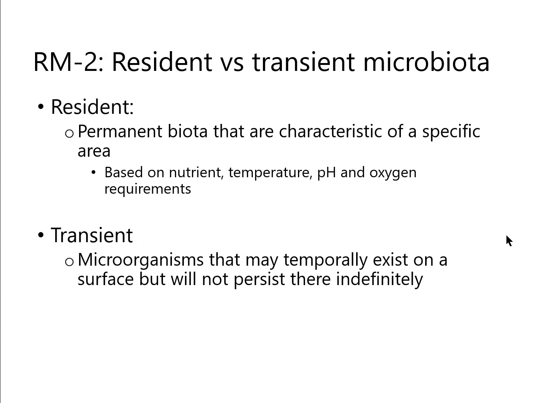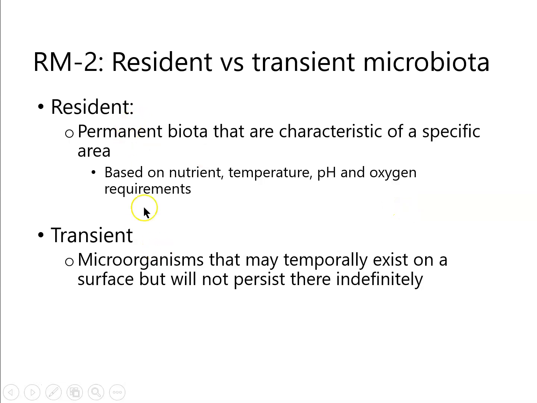And they don't have the same adaptations for sticking to us that the human microbiota have. So the transient microorganisms either don't want to be on us, they don't benefit from being on us, or they're more disease causing. Their presence on us would be temporary.